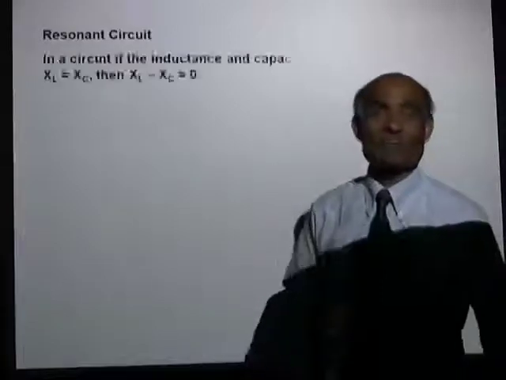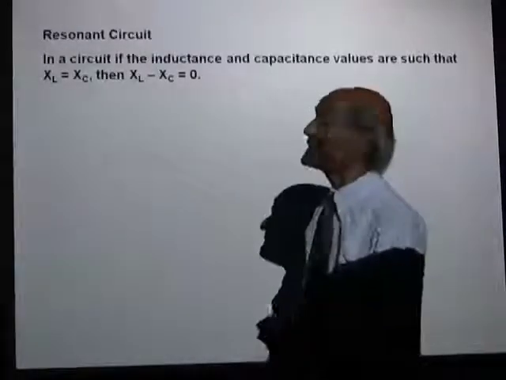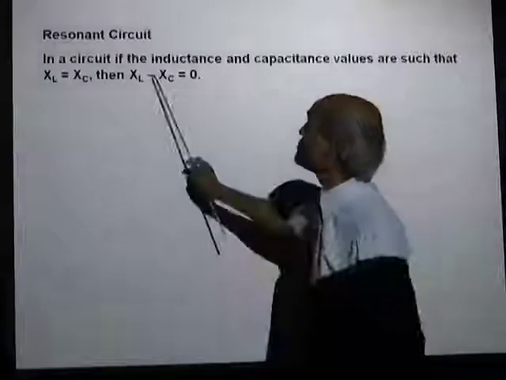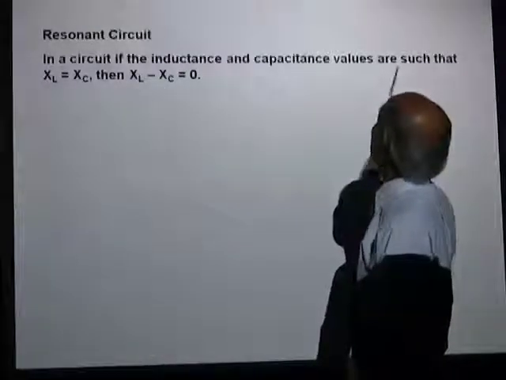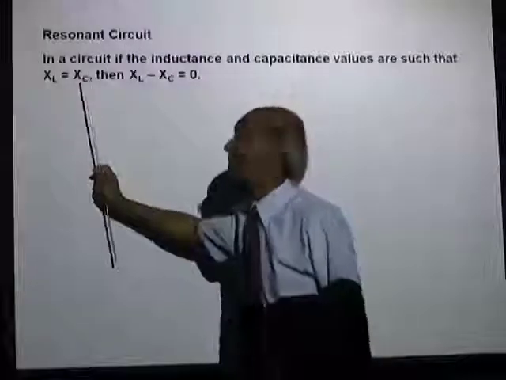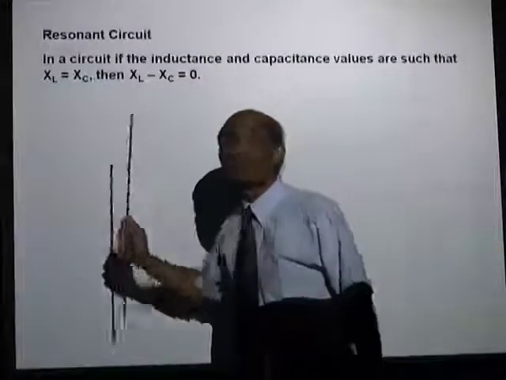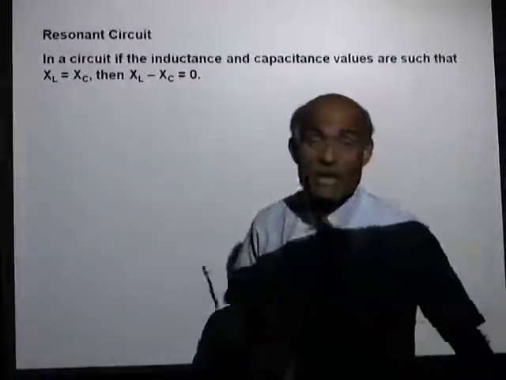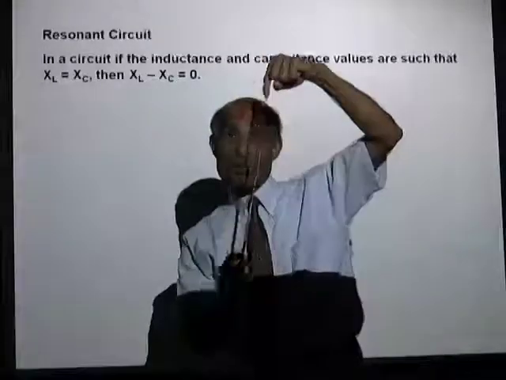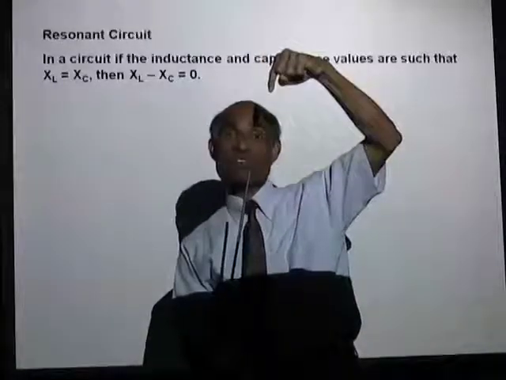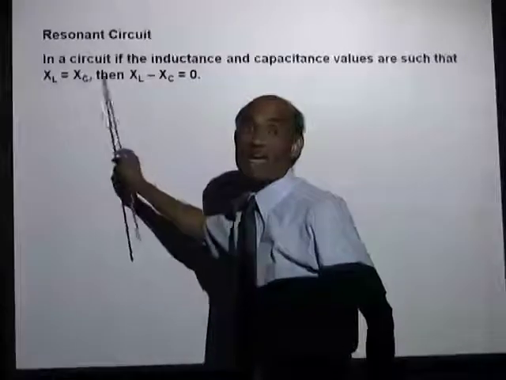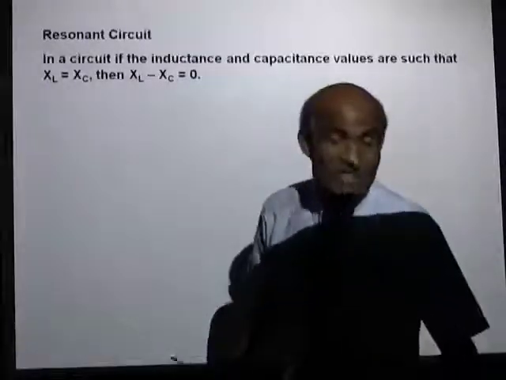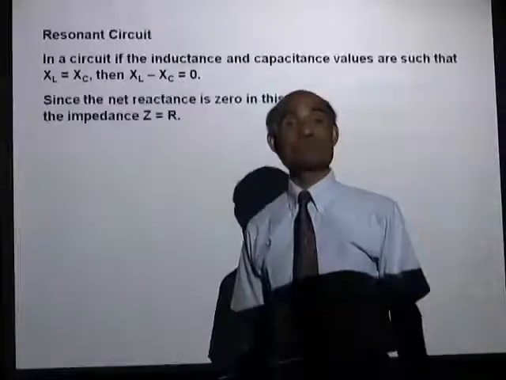Now, what is a resonant circuit? Very often this is used in electrical engineering. In a circuit, if the inductance and the capacitance values are such that XL equal to XC. Now remember, XL and XC are 180 degrees out of phase. That means if the magnitudes of these are the same, then XL minus XC will be equal to 0.